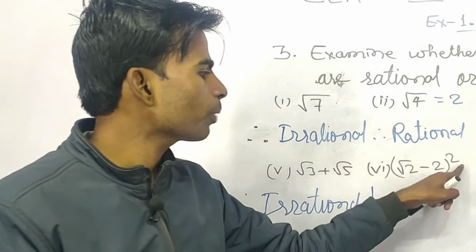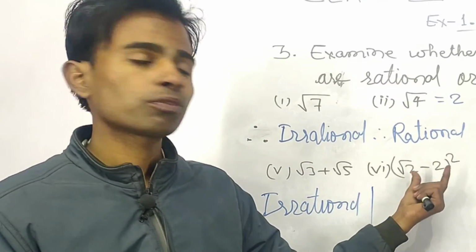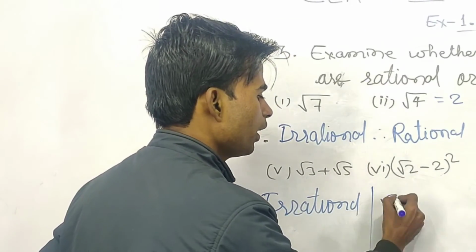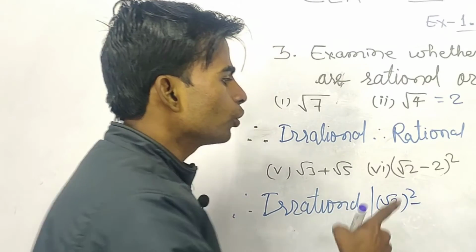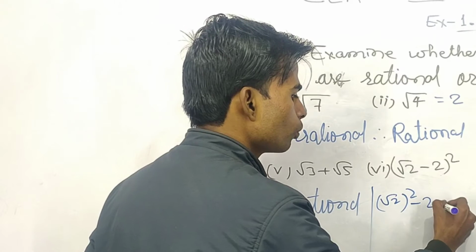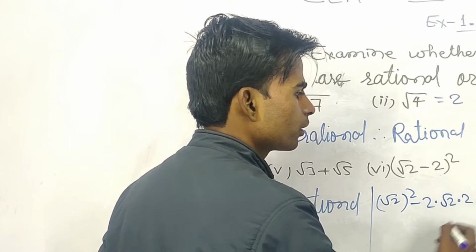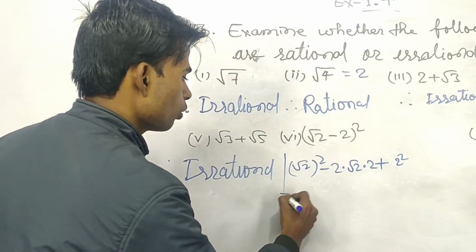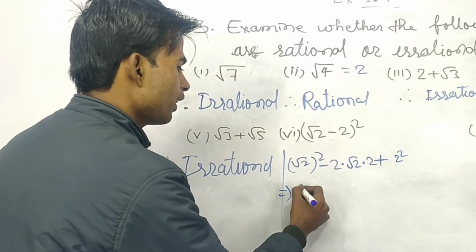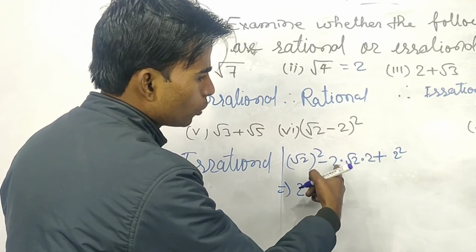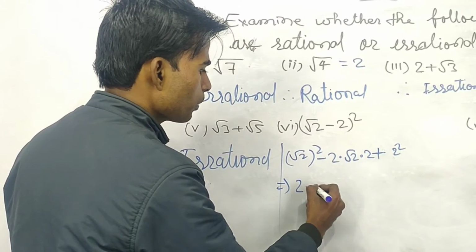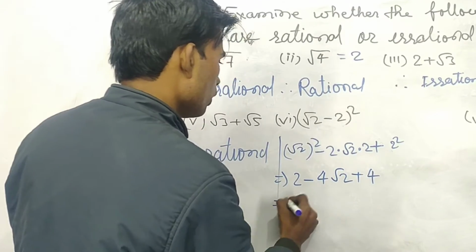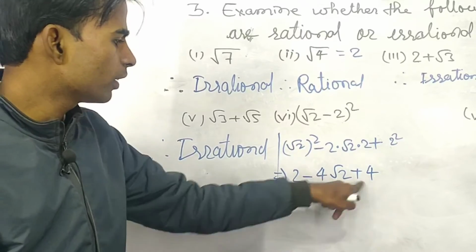Just solve it. Root 2 minus 2 whole square is written in the form a minus b whole square. Just simplify it. Here it will be a square minus 2ab plus b square, that is root 2 square, which is 2, minus 2 into 2 into root 2, that is 4 root 2, plus 2 square, which is 4. Now simplify it: 2 and 4, here will be 6.